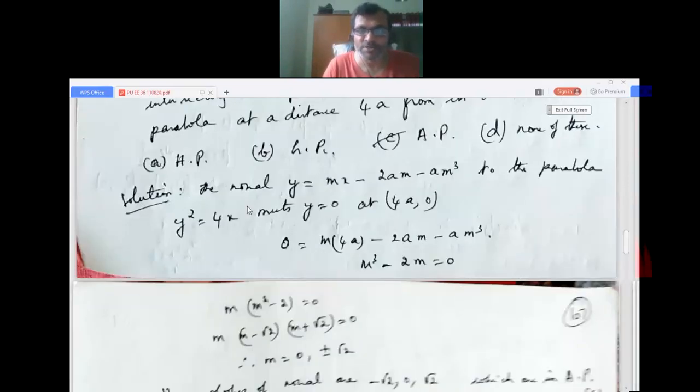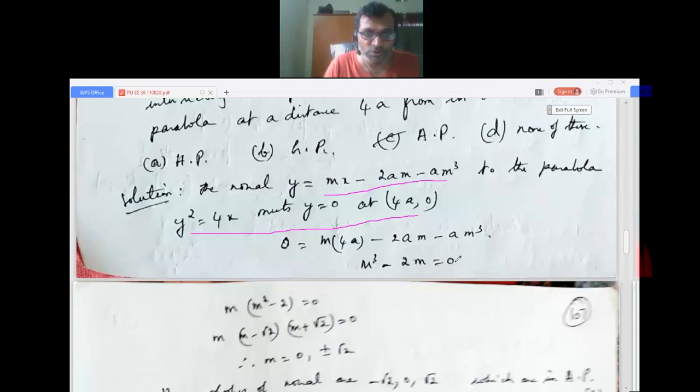Okay, the normal, this is the c value, y equals mx plus c. c is minus 2am minus am cubed, I discussed in the previous problem also. So the normal y equals mx minus 2am minus am cubed to the parabola y squared equals 4x meets the x-axis, means y equals 0, at a distance 4a, means 4a comma 0. So y is 0, x is 4a, like that you substitute.